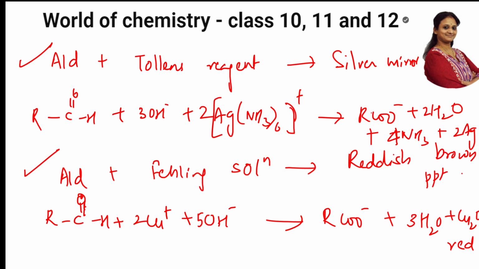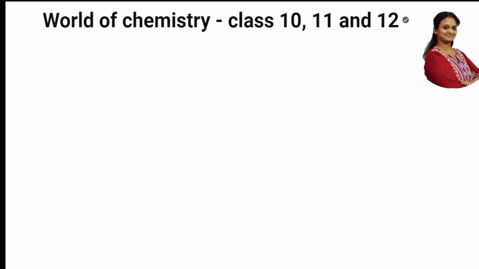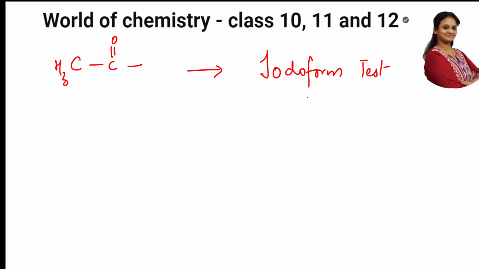Correct? Now, what will happen to this group? This is your ketonic group. If a ketonic group is there, what will it react with? Methyl ketone will give the iodoform test, which is a yellow color precipitate.